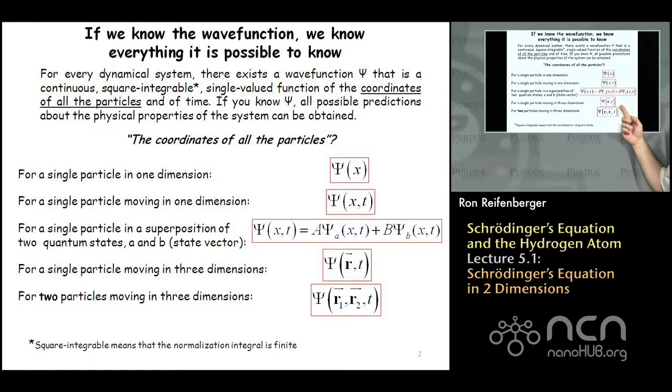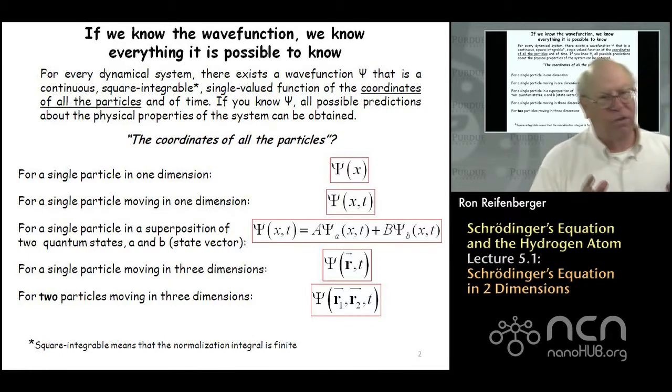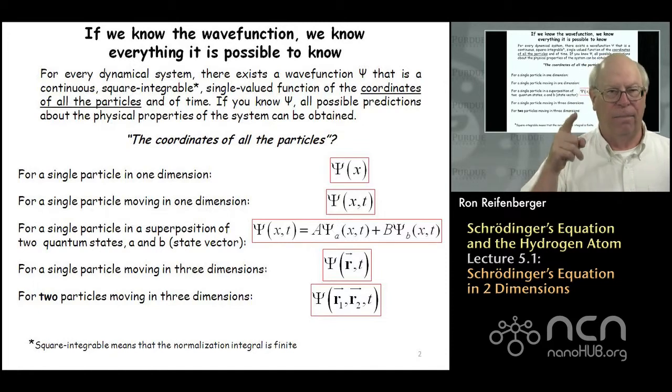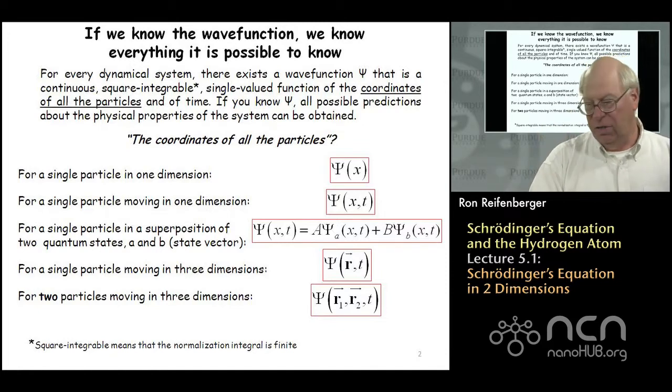The other form of the wave function I like to emphasize is that if the particle is moving in 3 dimensions, then we're going to have to write a wave function that depends on the vector position r of the particle, right, which is going to have a component in x, a component in y, and a component in z.